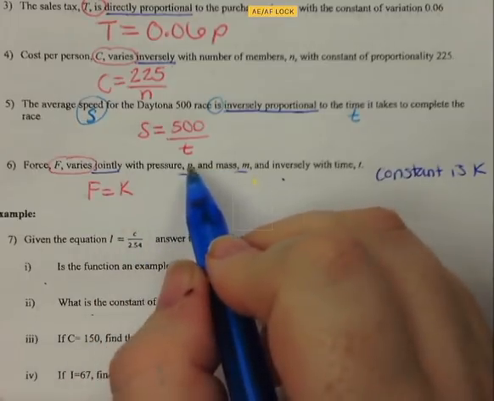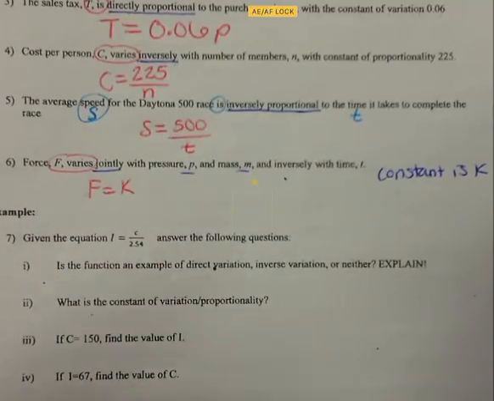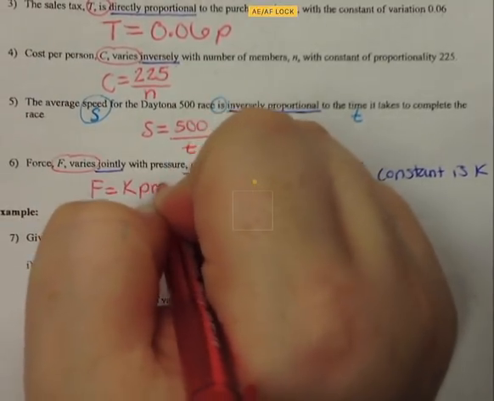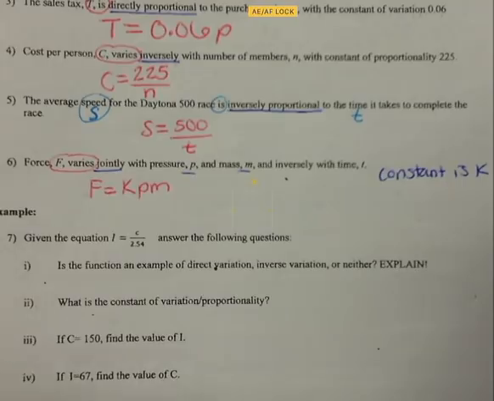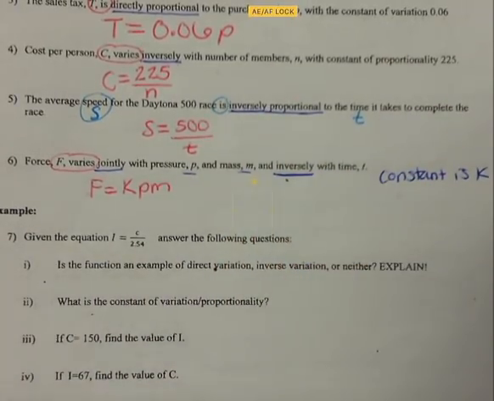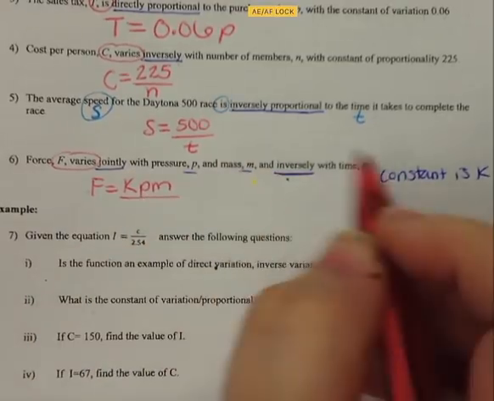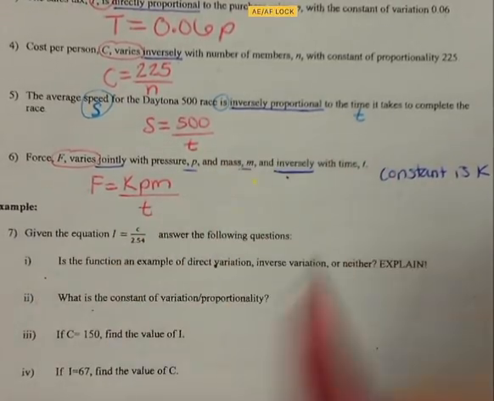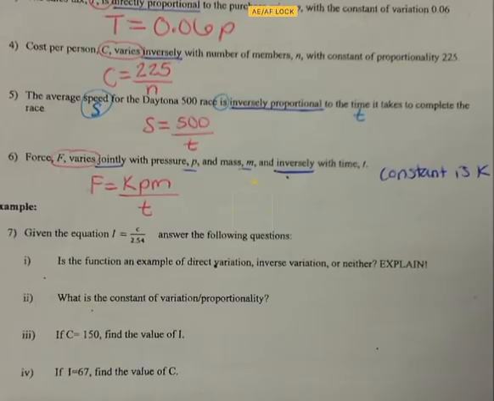So it's really just P times M. That's K times P times M. But then it says, and inversely with time T. So inversely means we're going to divide. Again, we don't have to rewrite anything else. We just put division on here and put our T in the denominator, and that's our equation. Because we don't know the constant, but if we knew the constant, we would put that where the K is.